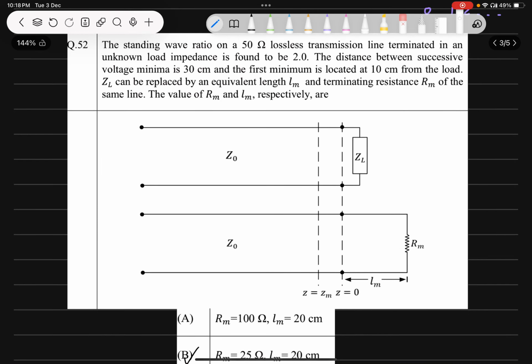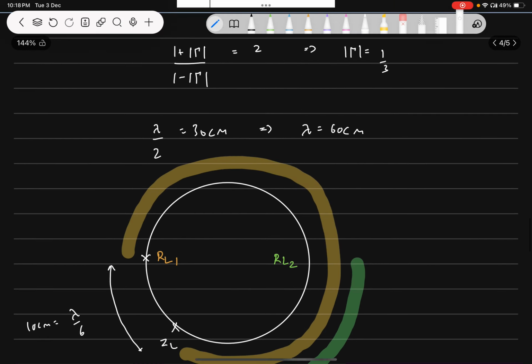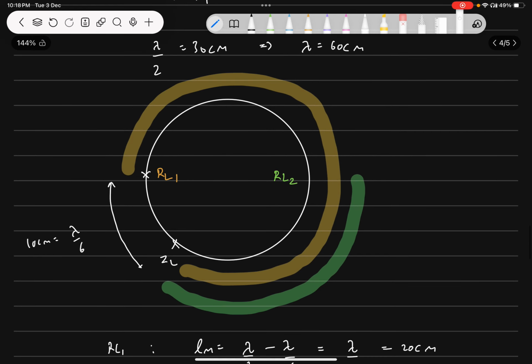Next, the last piece of information is that the first minimum is located at 10 centimeters from the load. If you visualize this using the Smith chart, you will see that ZL is located at an angle of somewhere here. Because if you travel lambda over 6 in the clockwise direction towards the generator, you will reach here, and this is where all the minimas are.